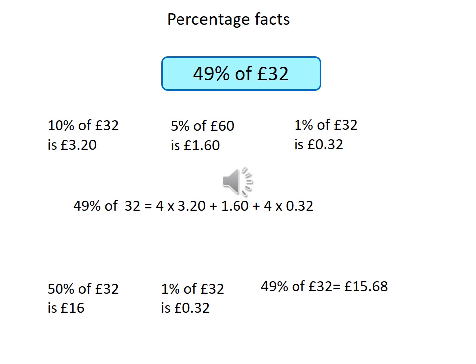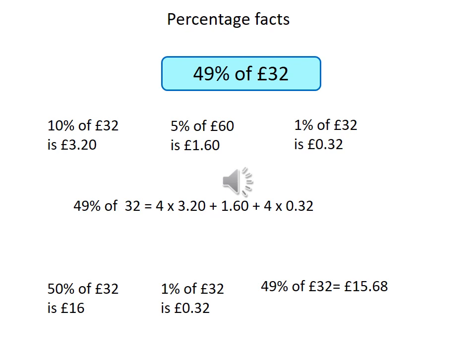I think an easier way to get to 49% though would be to do 50% take away 1%. 50% is easy to do because it's a half, and 1% is a hundredth. So I can easily work out that 50% is £16 and 1% is 32 pence.